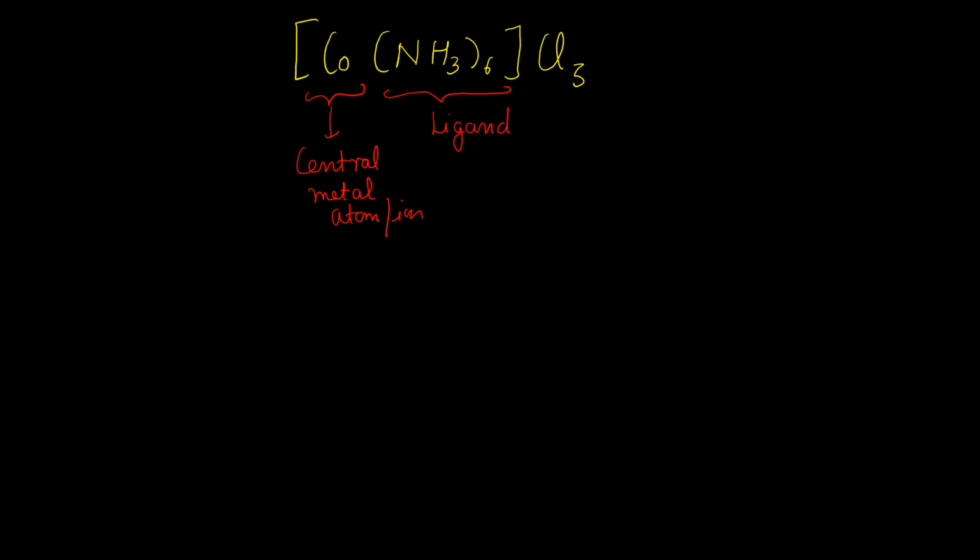The other name given to it is ligand. That I will tell you later on. So these neutral molecules which surround this cobalt, these two together will be called the coordination entity. Coordination entity. And always remember, this coordination entity will always be written in square brackets.